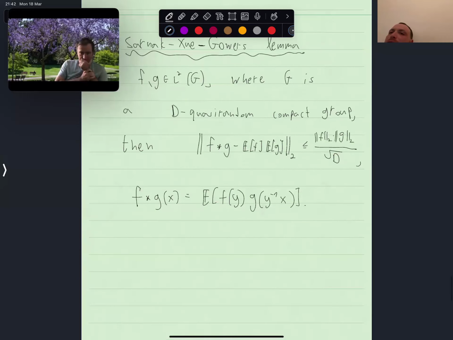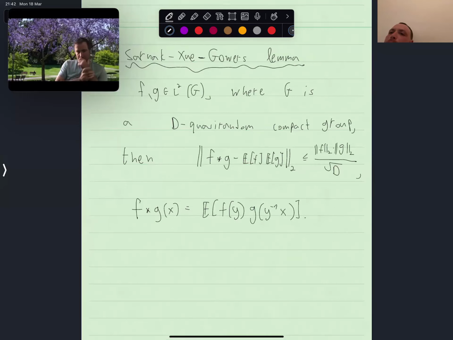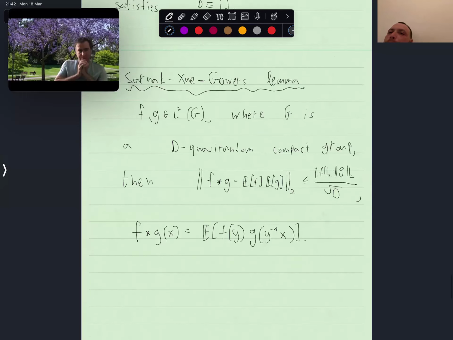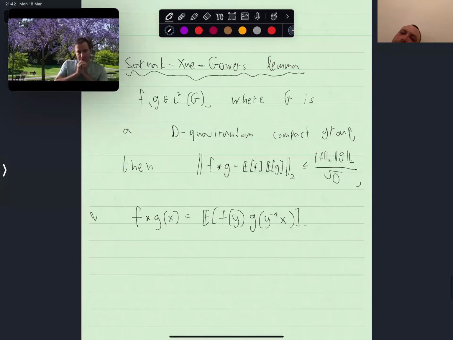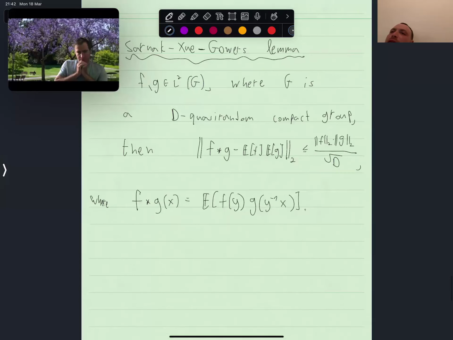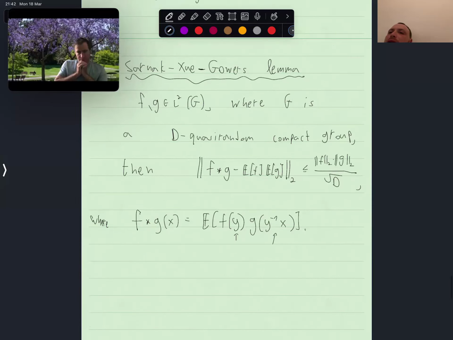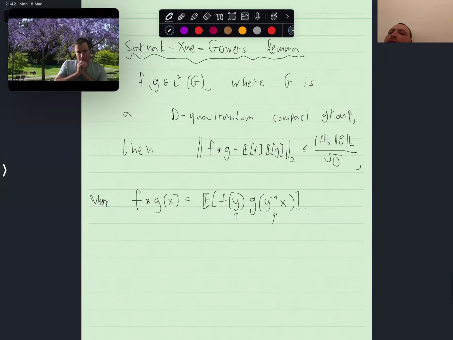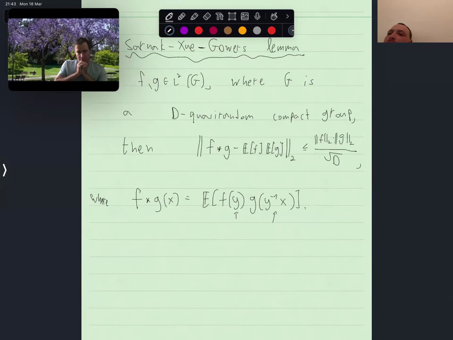So basically, this lemma is a remarkable property of quasi-random groups. You have two random variables, Y and Y inverse X, and the product is always equal to X. But even though we know something about the product, these random variables behave as though they were independent.